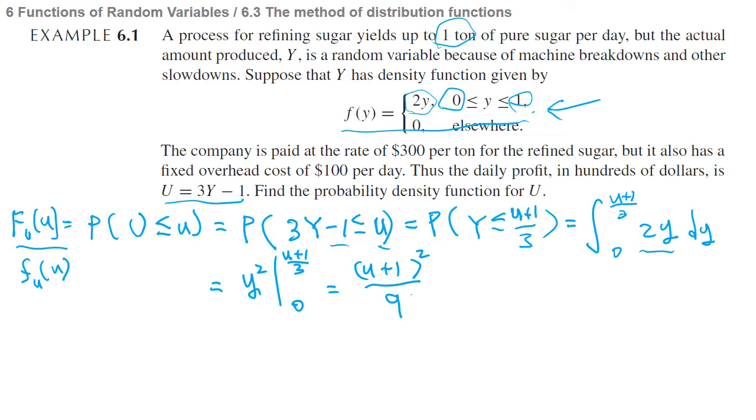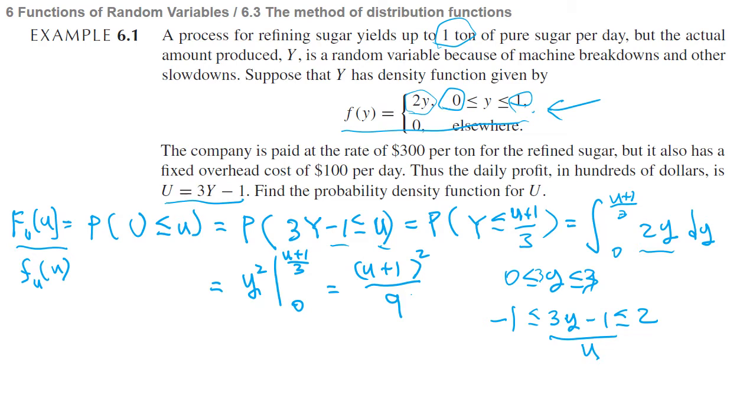Okay, so this is what we got for F_U(u), and here, since y is from 0 to 1, 3y minus 1 is actually, 3y is 3 and minus 1, minus 1 to 2, and this is u.